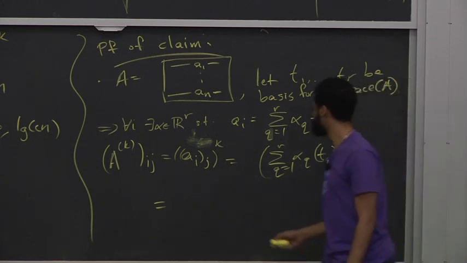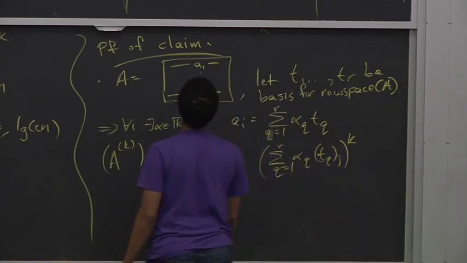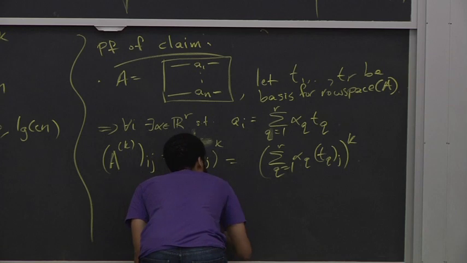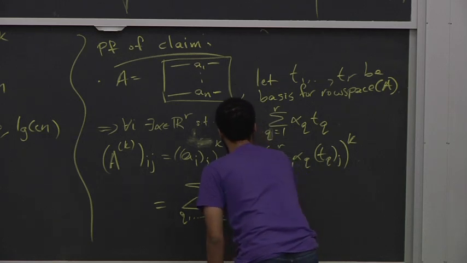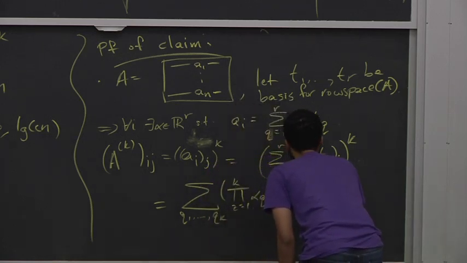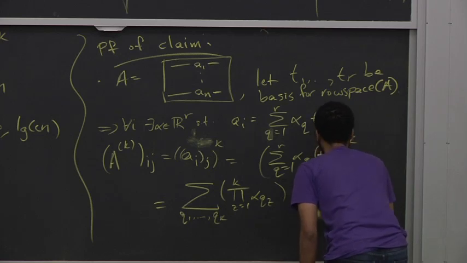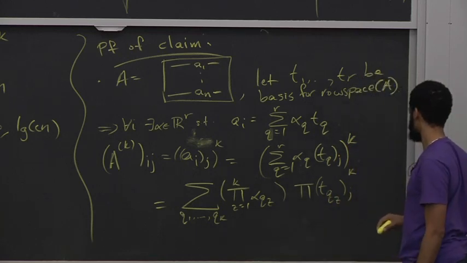So this is going to look like a sum over q_1 up to q_k, of the product over z from 1 to k of alpha_{q_z}, times the product of t_{q_z}(j).